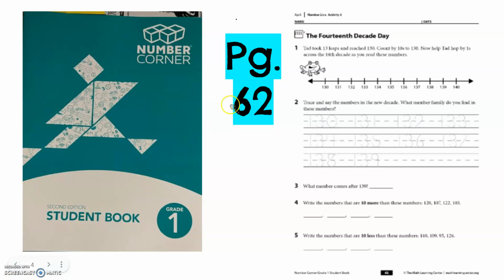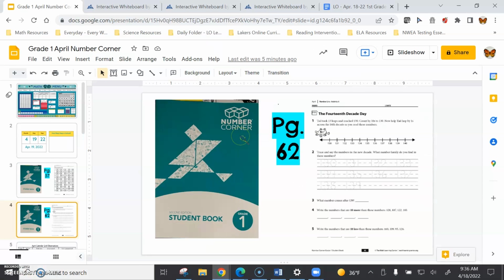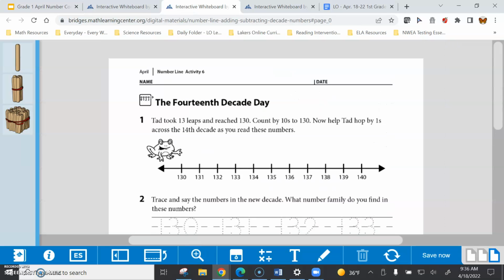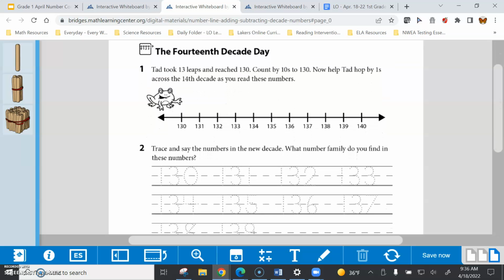Now that you have this book in front of you, we're going to go into this activity, and I'll make it a little bigger for you. We are now on the 14th decade day. Tad took 13 leaps and reached 130.